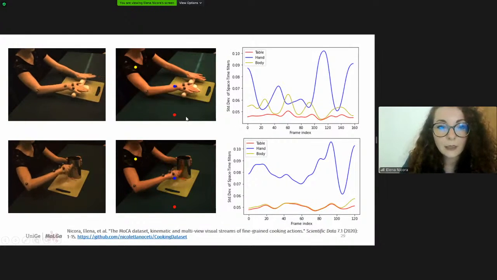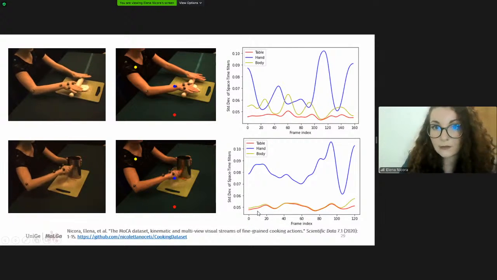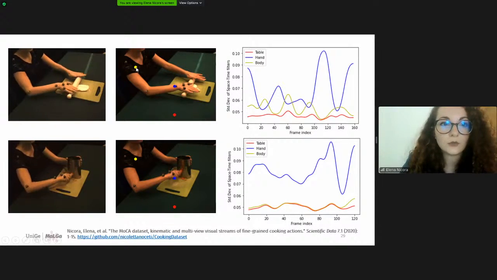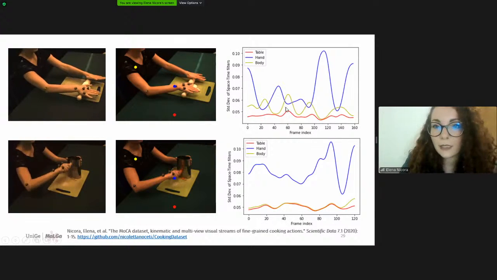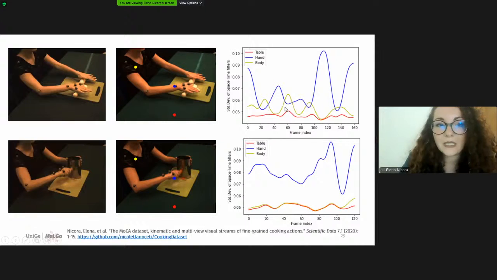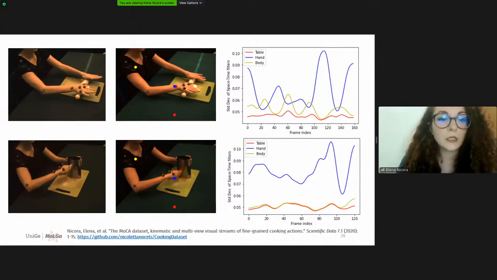Here we can appreciate the fact that in this action, the body is still, so the standard deviation profiles are similar to the point on the table, while here it's moving a little bit, and the movement is still captured by the standard deviation profiles.